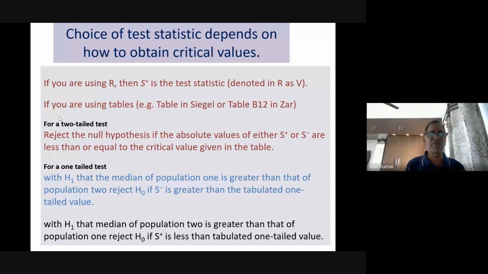When you are concerned with both sides of the normal curve, you are going for a two tail test. When you are simply going in one direction, positive or negative, testing a directional hypothesis, then you go for a one tail test.